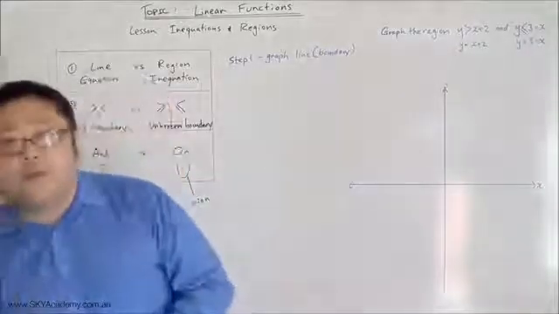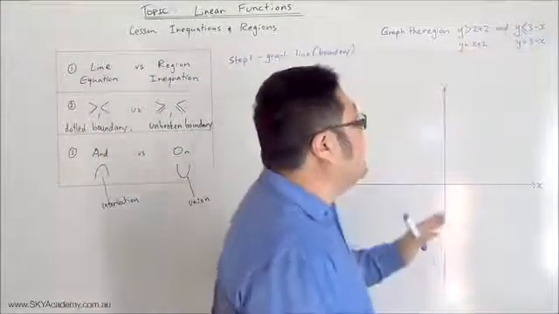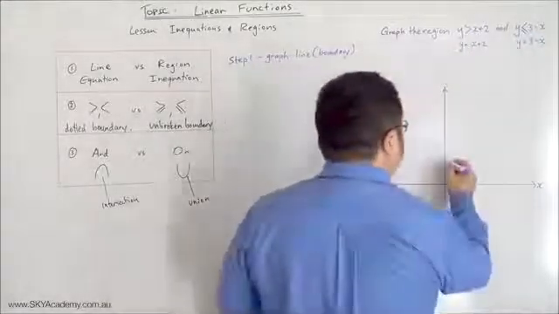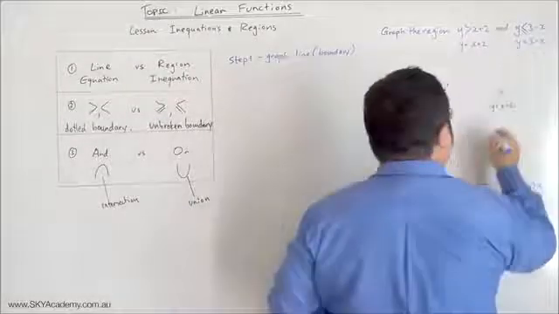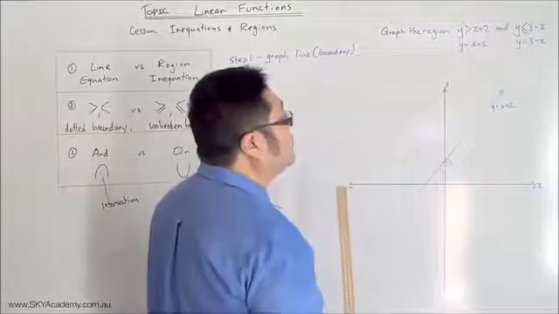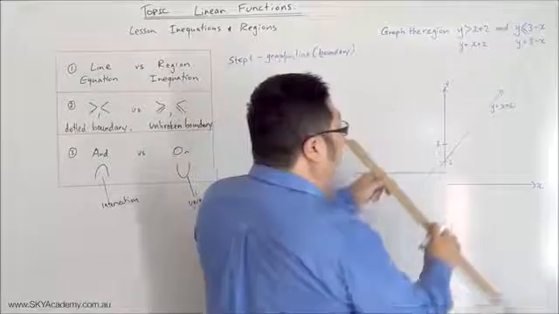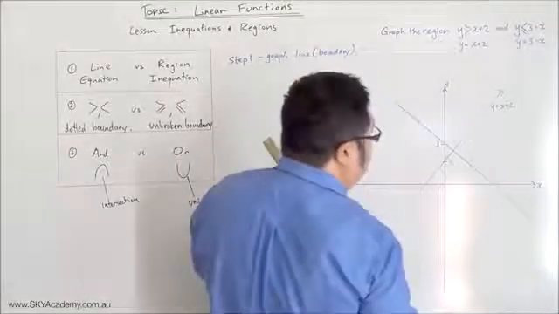Okay, so what you will find is that x plus 2 has a gradient of 1 and a y-intercept of 2. So let's put that 2 there and the gradient of 1, which is over here. And then this one here, y is equal to 3 minus x. It's got a y-intercept of 3 and a gradient of minus 1. So it'll be this line there.